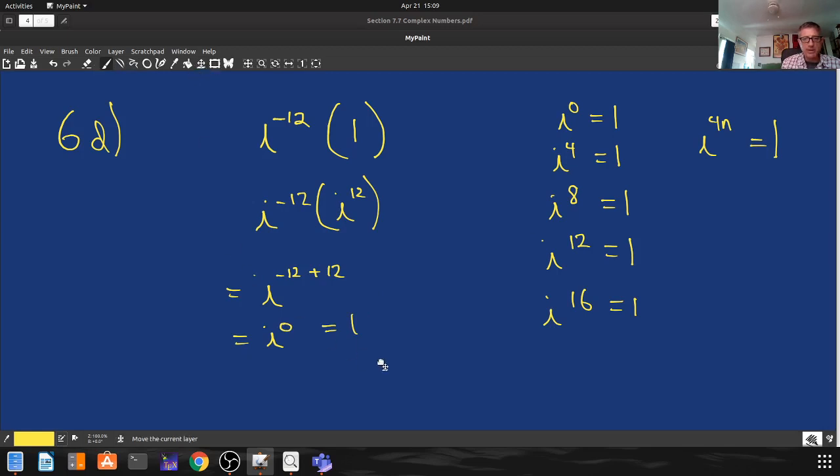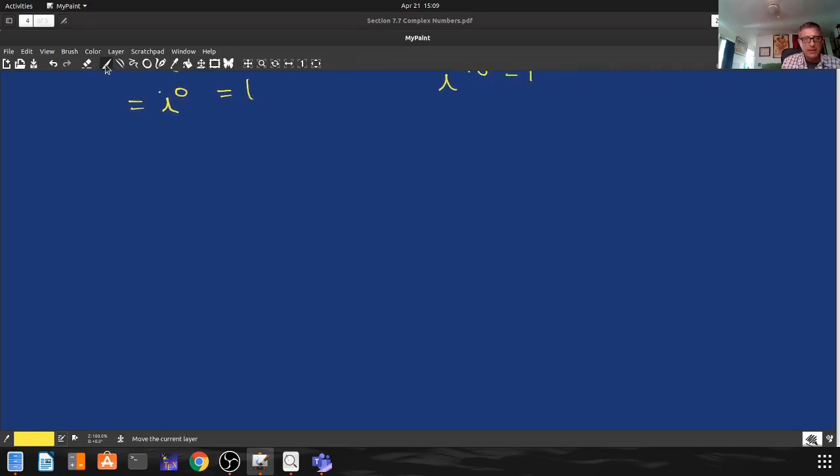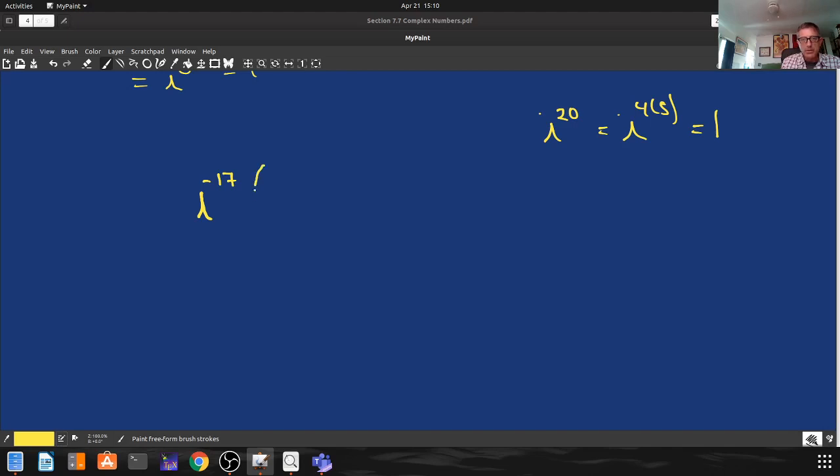Let's do one more example. I to the minus 17. Well, I to the 20th is equal to I to the 4 times 5, so that's equal to 1. So I'm going to multiply I to the minus 17 times 1.